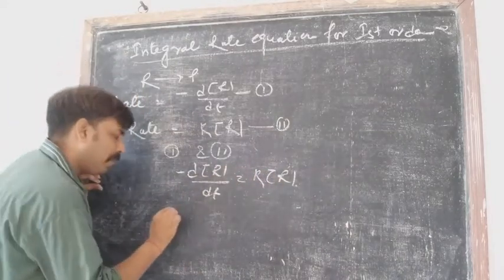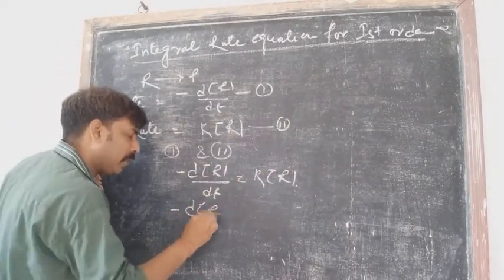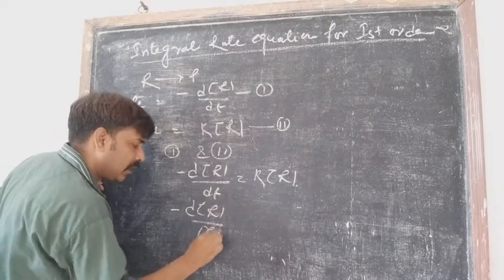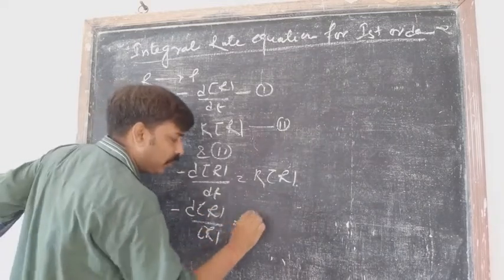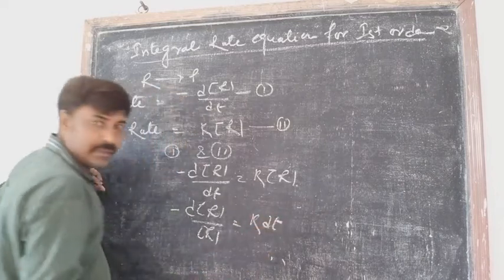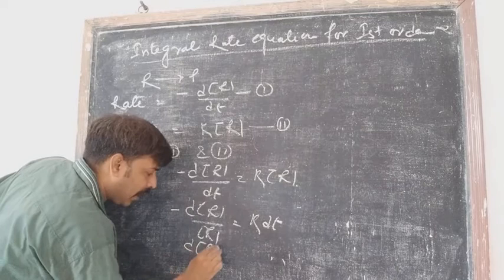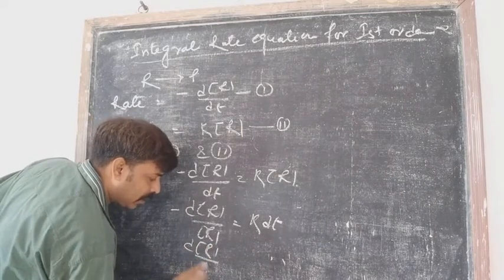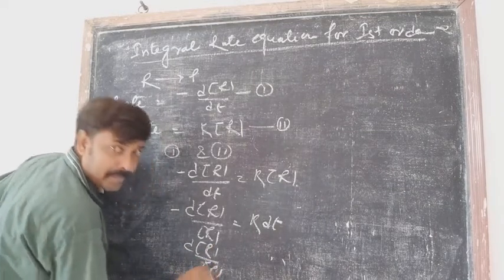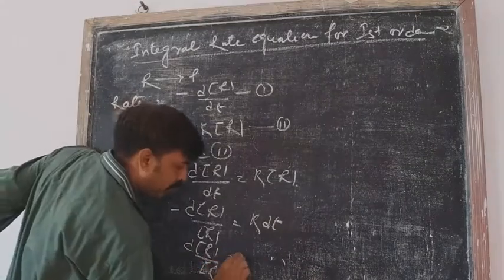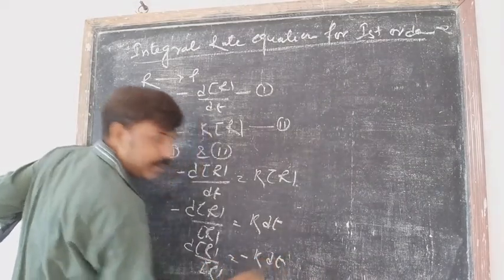So it will be minus d concentration of R by concentration R equal to k dt, or d concentration of R by concentration R equal to minus k dt.